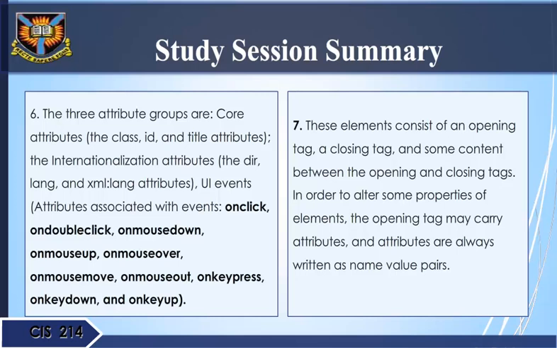The three attribute groups are: core attributes, the class, ID and title attributes; internationalization attributes, the dir, lang and xml:lang attributes; and UI event attributes associated with events: on click, on double click, on mouse down, on mouse up, on mouse over, on mouse move, on mouse out, on key press, on key down, and on key up. 7. An element consists of an opening tag, a closing tag, and some content between the opening and closing tags. In order to alter some properties of an element, the opening tag may carry attributes, and attributes are always written as name-value pairs.